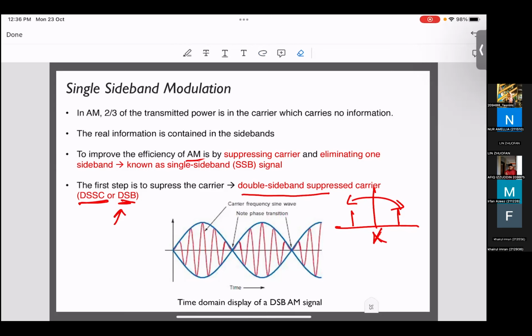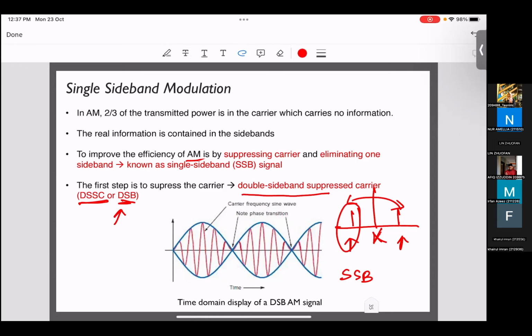We have two, which is why it's called double sideband. But if I suppress the carrier and one sideband, I am only left with one. So this gives me a single sideband. So DSB means the carrier is suppressed but the sidebands are still there. The other one is when you suppress the carrier plus one sideband, so you are left with one sideband only, and this is called SSB.